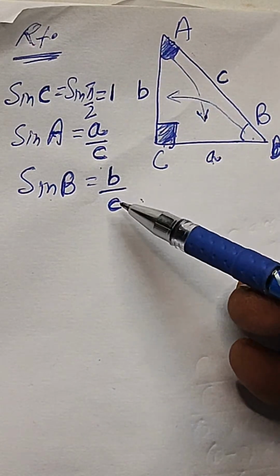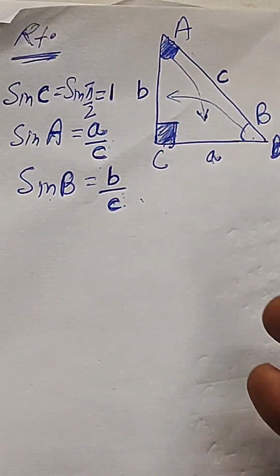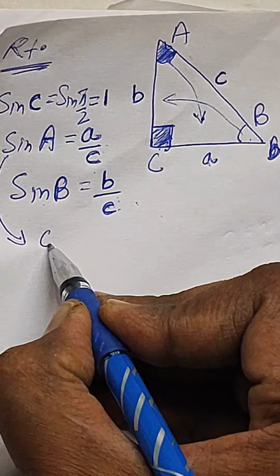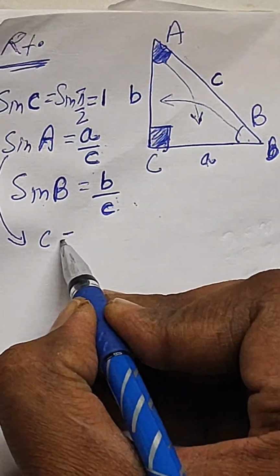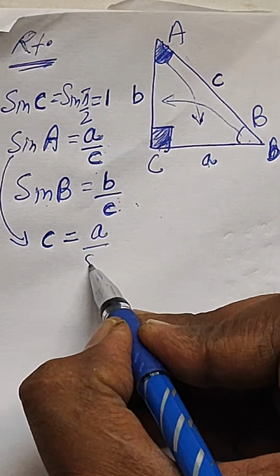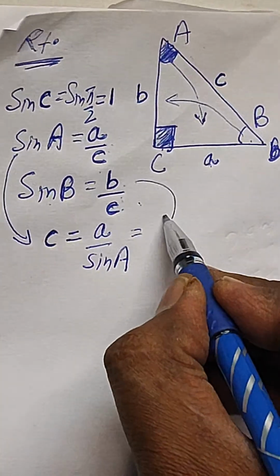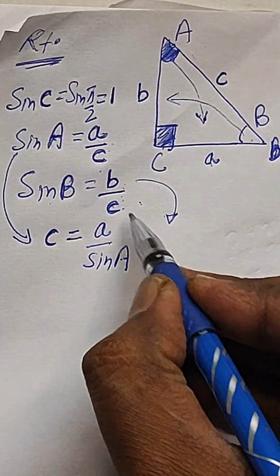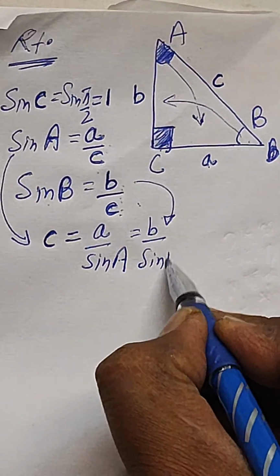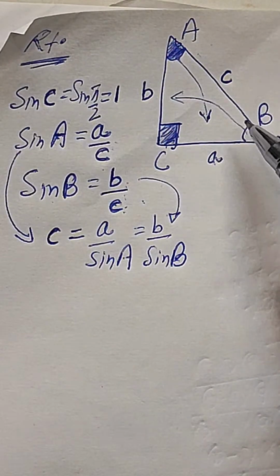So just replace the value of C from both of these. If you replace the value of C from here, we can write that small c is equal to A by sine A. And from here we can write small c as B by sine B. Similarly, if another angle is 90, we can prove it.